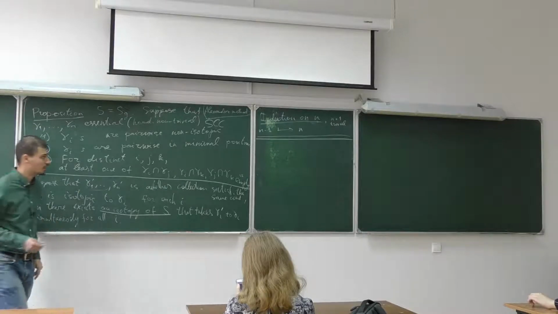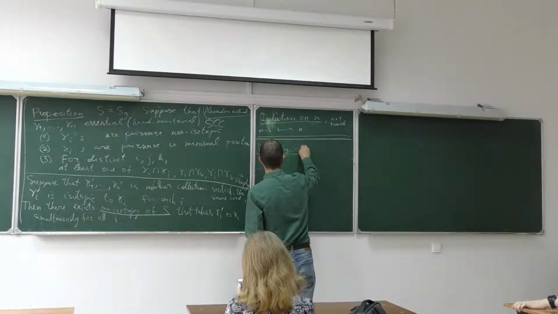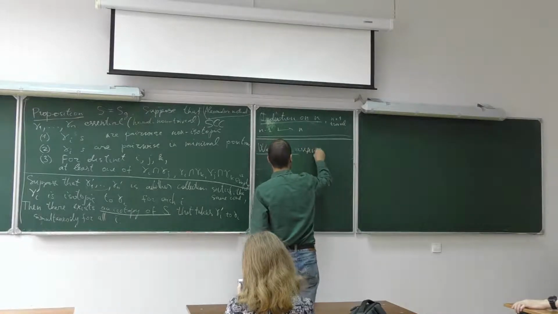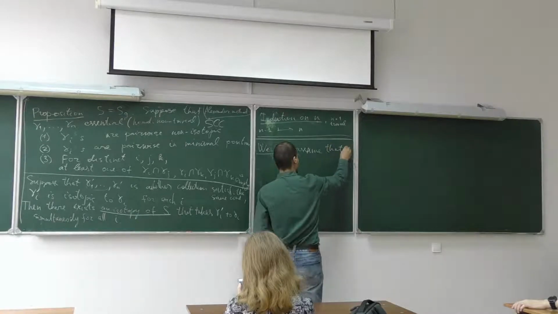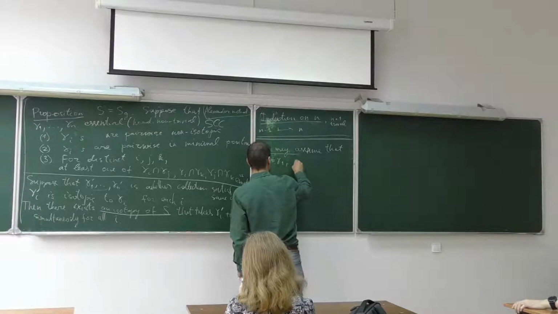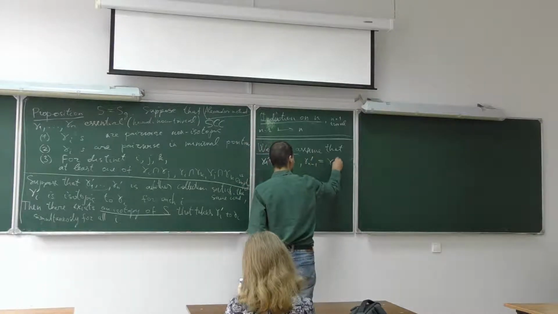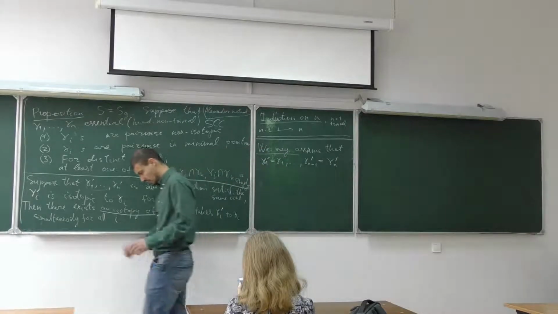So after isotopy, by the induction hypothesis, we may assume that just gamma 1 prime equals gamma 1, etc., gamma n minus 1 prime equals gamma n minus 1, just as sets.